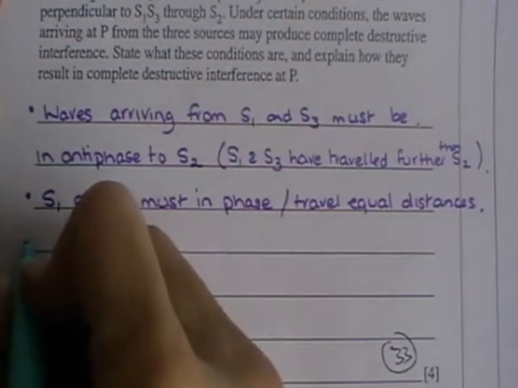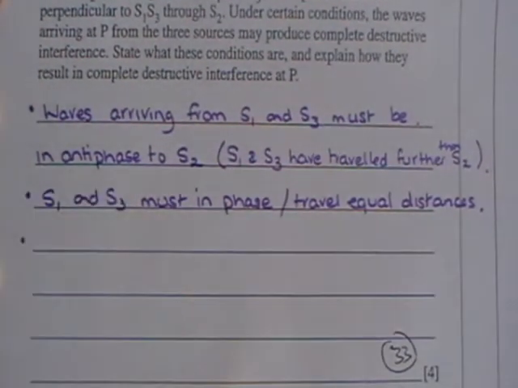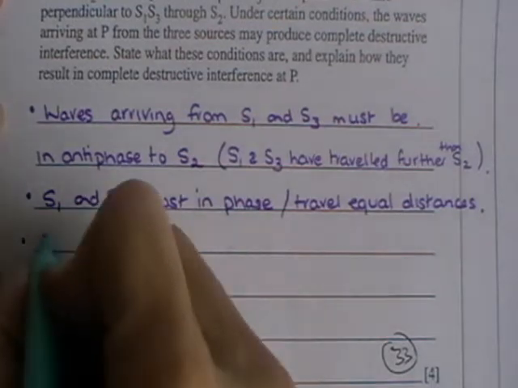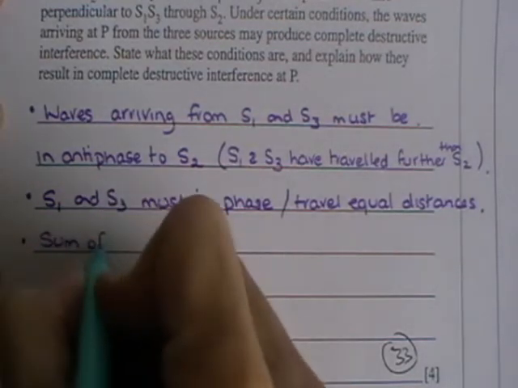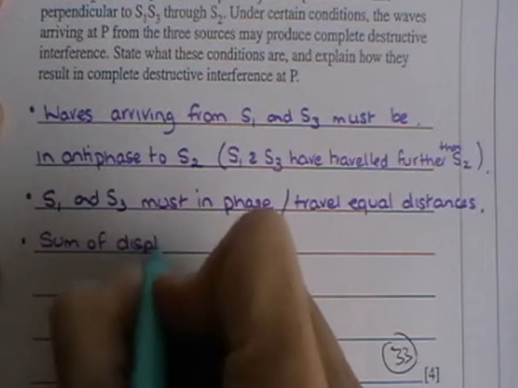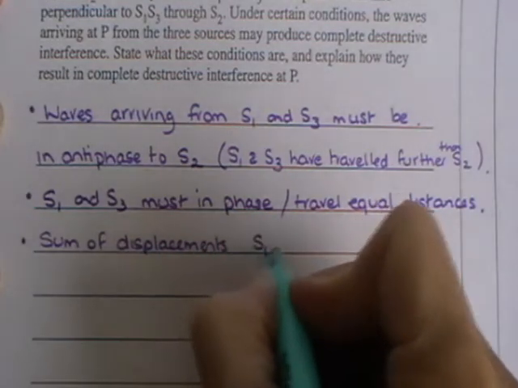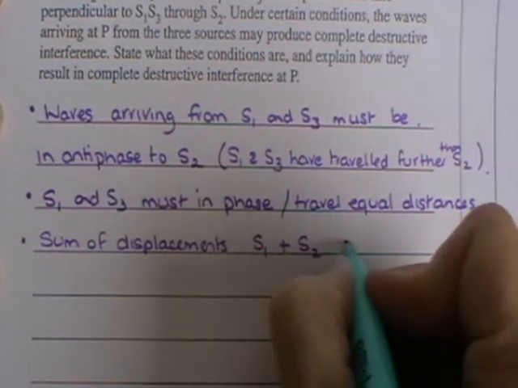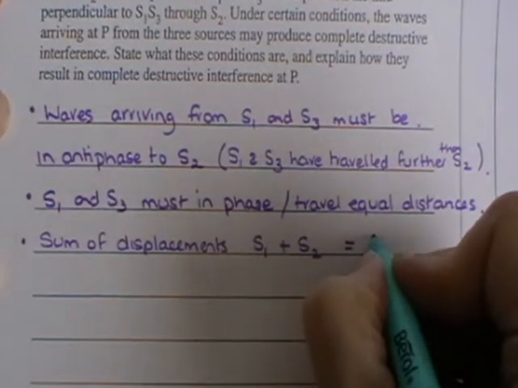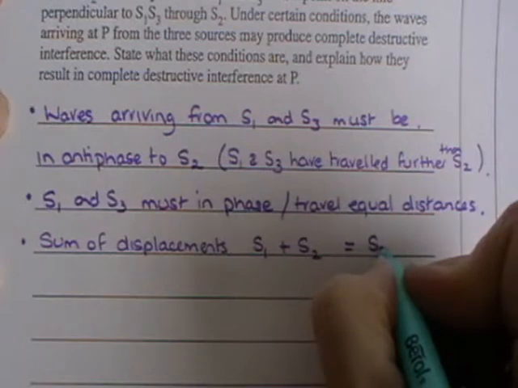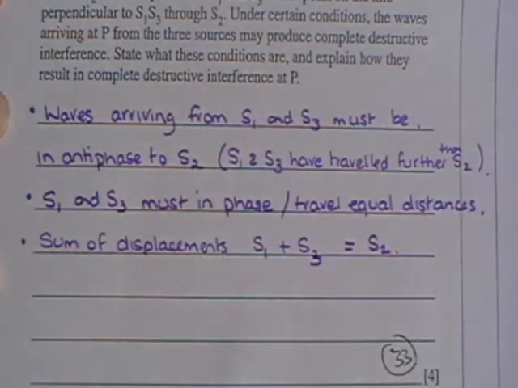The next thing then, and these are really the conditions. The conditions are that the sum of the displacements of S1 and S3 must give you a total of the displacement of S2.